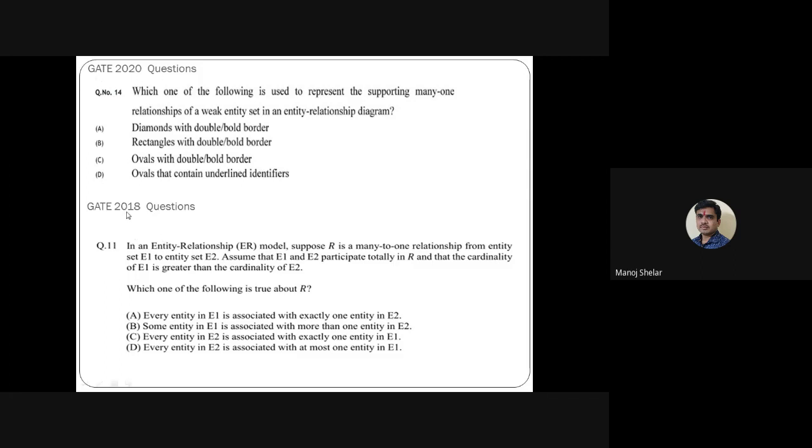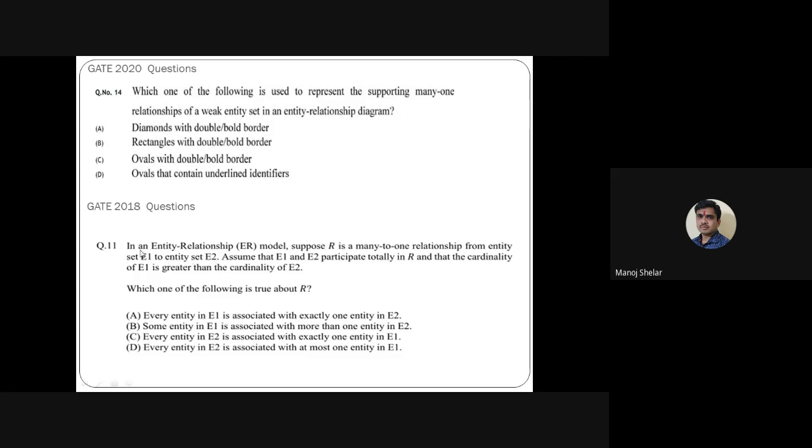Then, in the 2018 exam, there was one question on the entity relationship model. Suppose R is a many to one relationship. R means what? R means relation or table. R is a many to one relationship from entity set E1 to entity set E2.